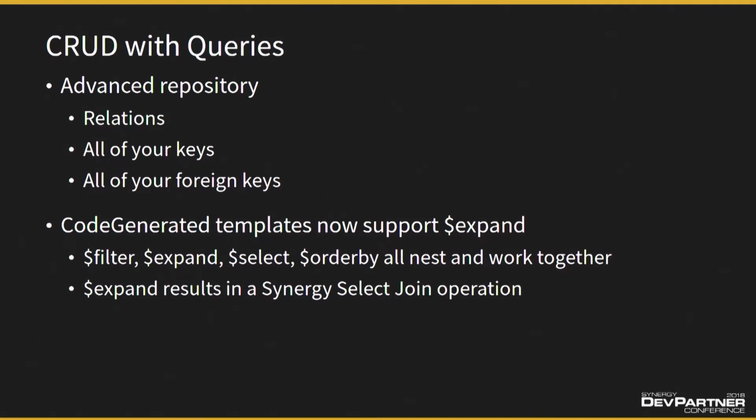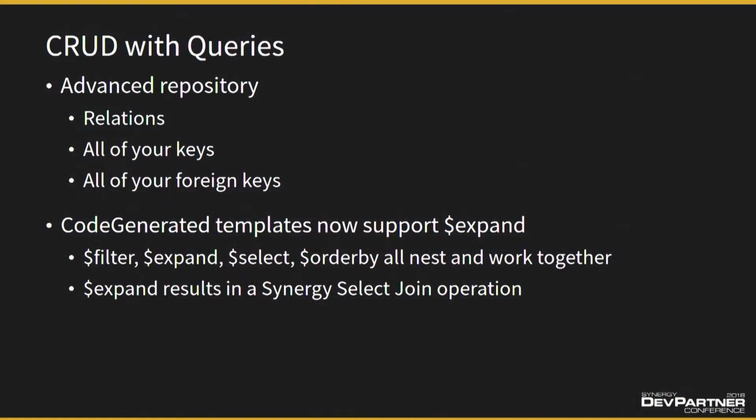So once you have these relations and the keys and the foreign keys, the code-generated templates are going to now support a $expand operator. So that's how you follow those navigation points and how you get single items or collections of items that you can also filter on. So that brings us up to filtering things. So that's like where customer number is 5 and they're from the state of Nevada.